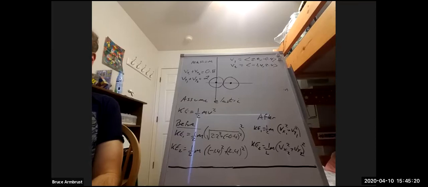But here's the deal. This is only going to give us one more equation. So even if we assume that it's elastic, it's actually not enough. We still don't have enough information to know what's actually going on.